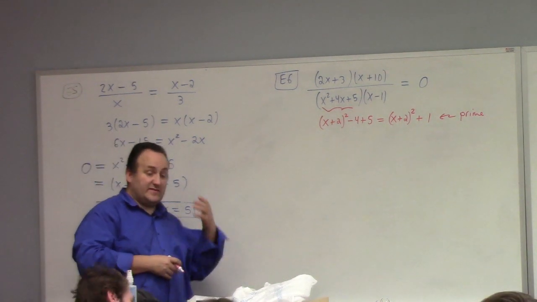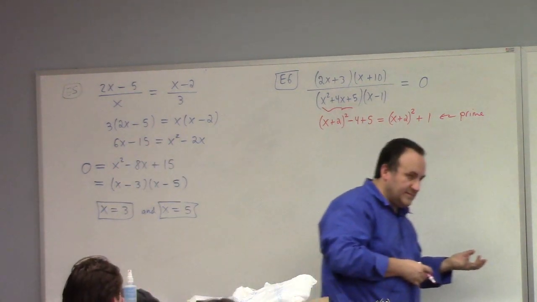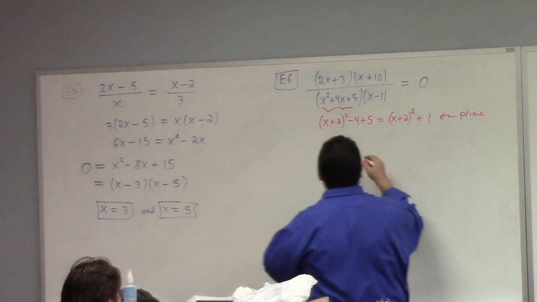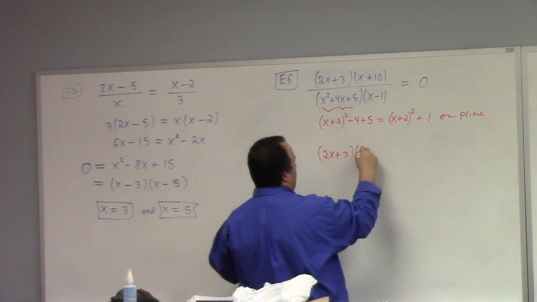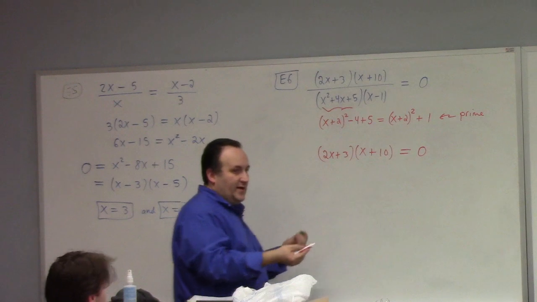So one of the things I was telling you guys is if you have a fraction, the only way it can be 0 is if the numerator is 0. So once you have the equation in this form, all I have to do is solve 2x plus 3 times x plus 10 equals 0, keeping track of where you came from.